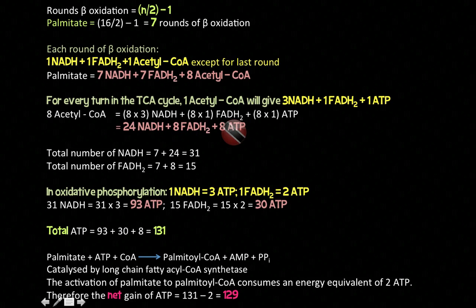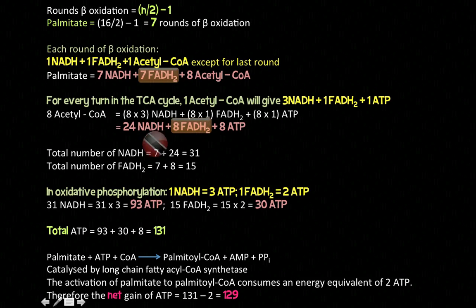At this point, you have NADH and FADH2 from two sources, from the beta oxidation as well as the TCA cycle. So when you reach here, you should be summing up the number of NADH and the number of FADH2. So the amount of NADH we have will be 7 plus 24, so you're going to get 31. And the amount of FADH2 will be 7 plus 8, 15.